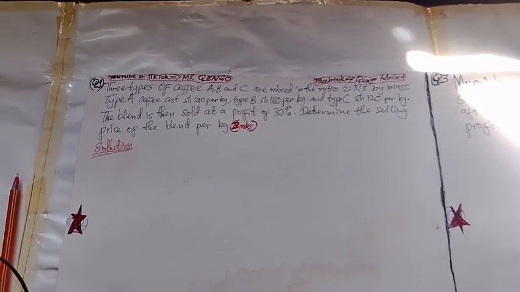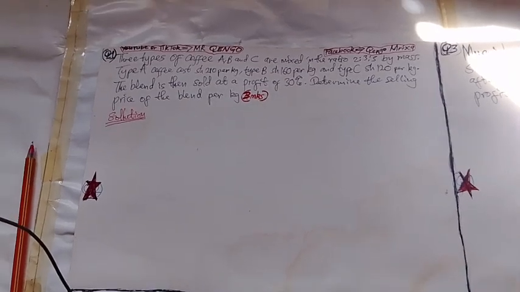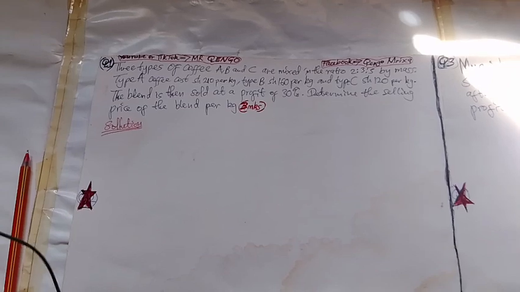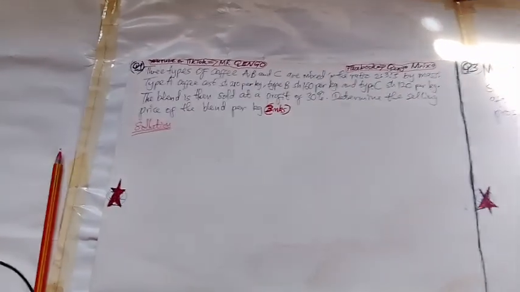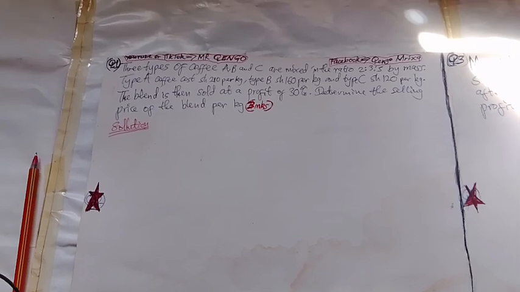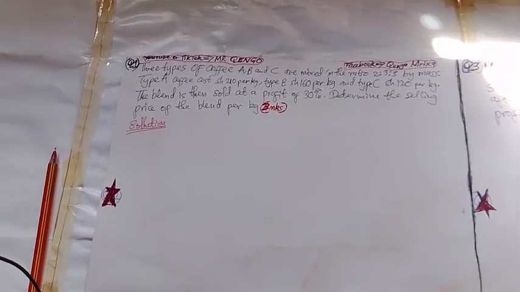Type B shillings 160 per kilogram. And type C costs shillings 120 per kilogram. The blend is then sold at a profit of 30%. Determine the selling price of the blend per kilogram. 3 marks.